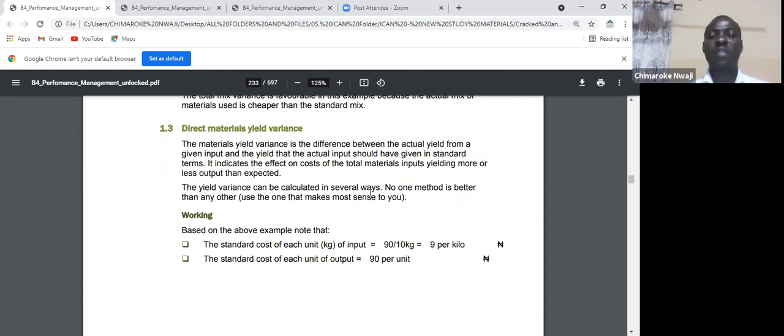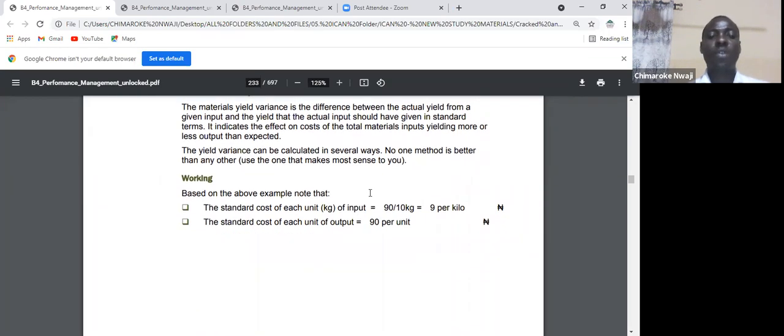What does that mean? We're going to see that when we do an example. But notice here that it indicates the effect on costs of the total material input yielding more or less than expected. They said there are several ways you can calculate yield variance. So you just use the one that makes sense to you.